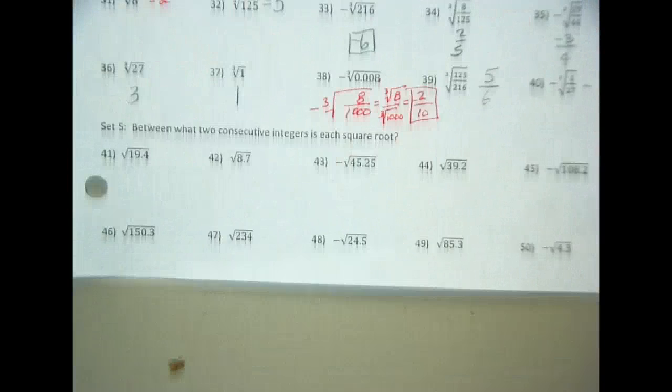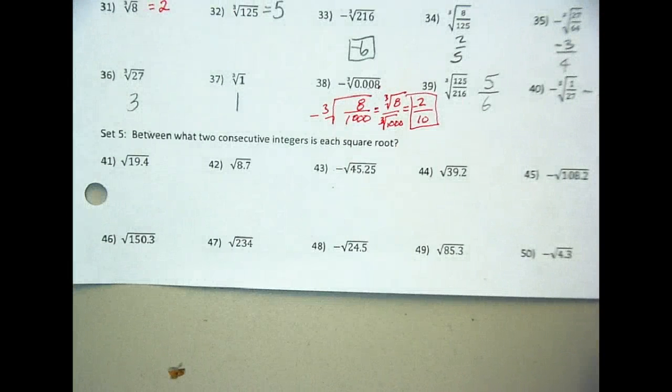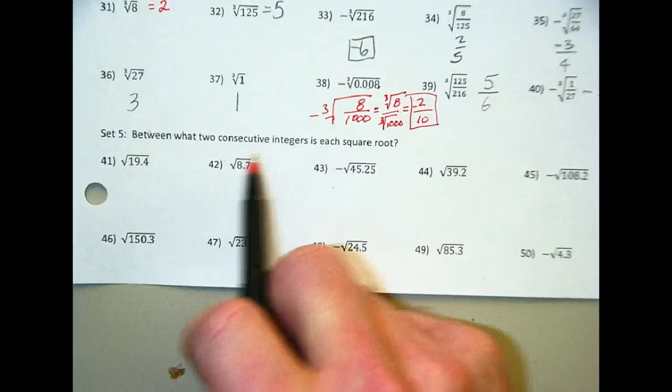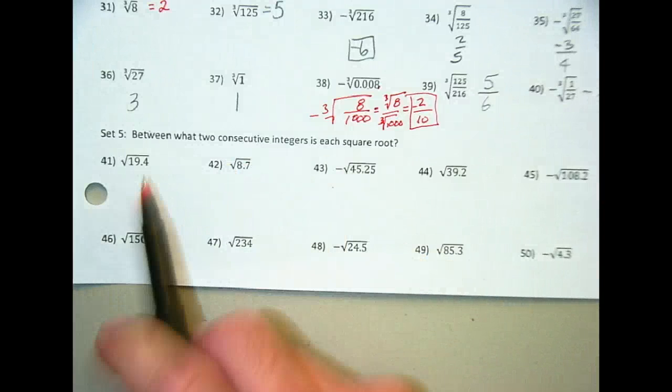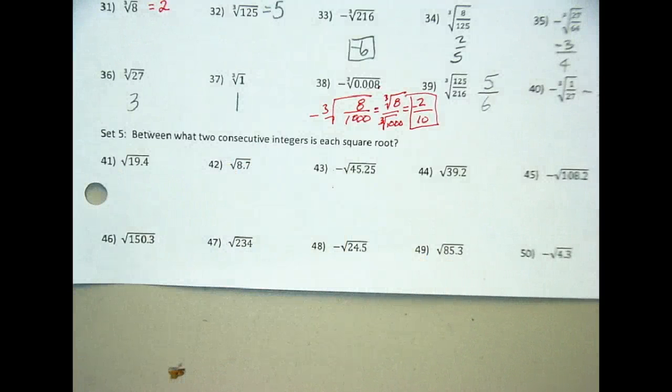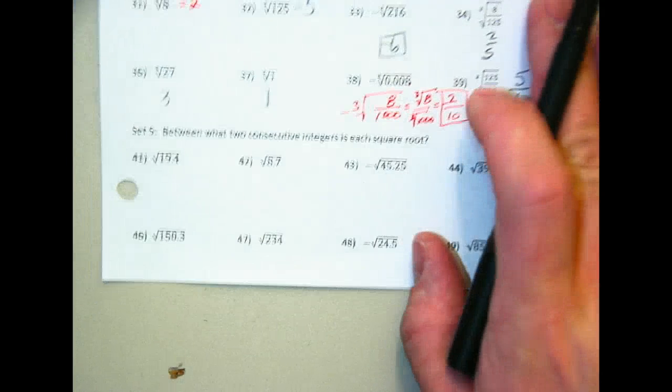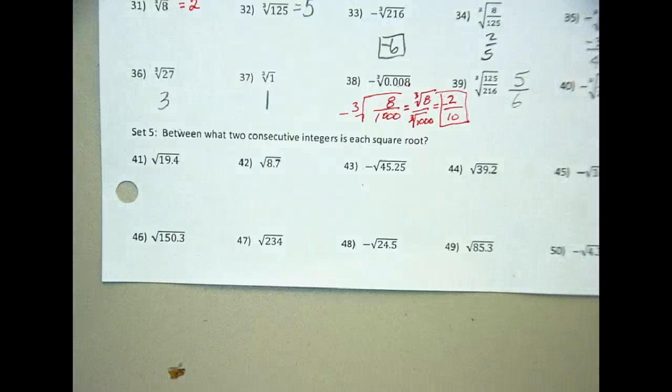All right. My goal was to be done at 45 after. We're 1 minute past due. But that's okay. Between what two consecutive integers is each square root? So think of the perfect squares. Which two perfect squares does 19.4 fall between? Tell your neighbor.